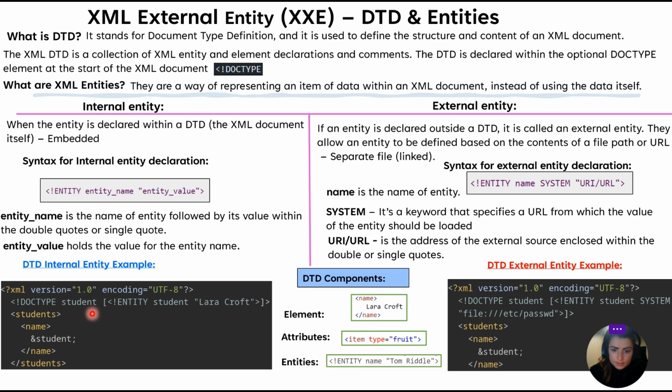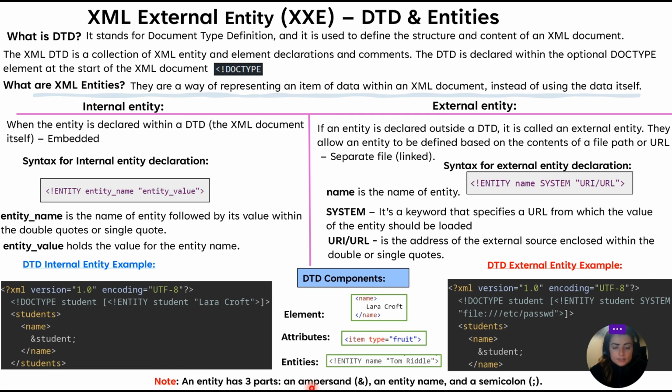And we have the entities. That's how the entity looks like. This is the entity and this is the entity. Okay. And as we said, they are a way of representing an item of data within an XML document. And bear in mind that an entity has three parts. This is very important.